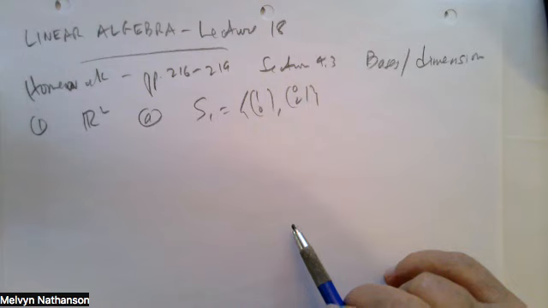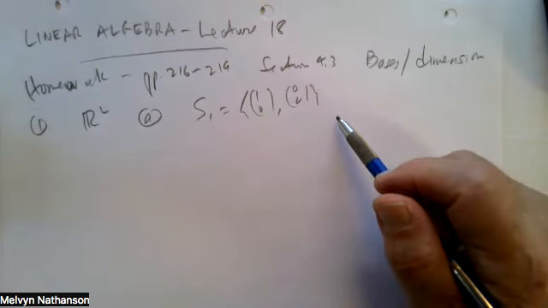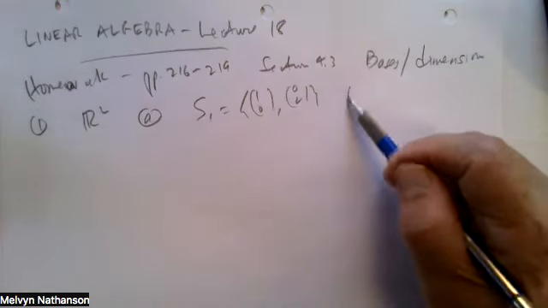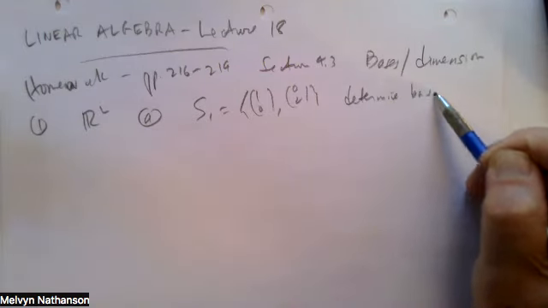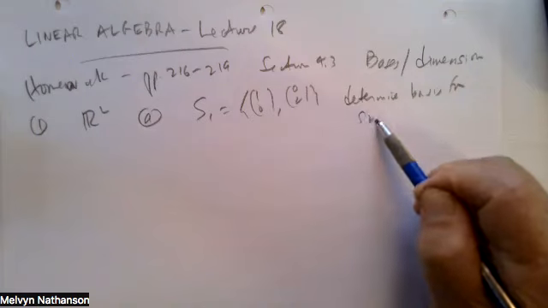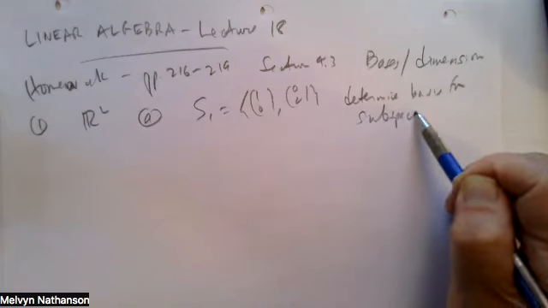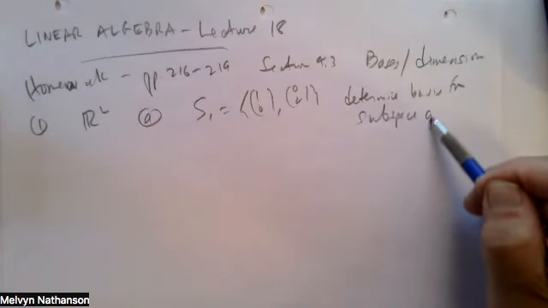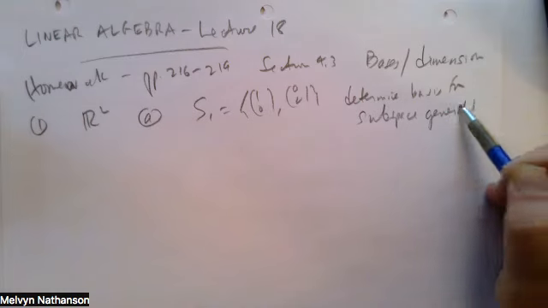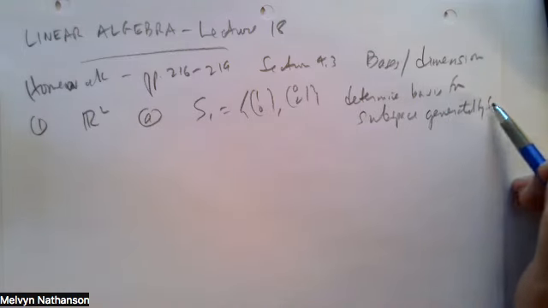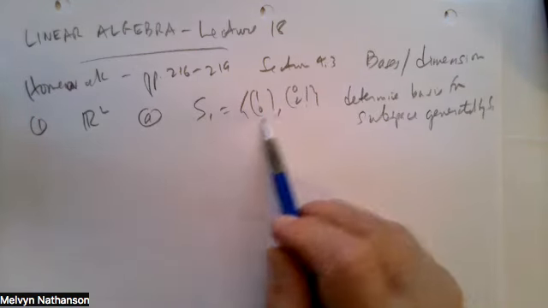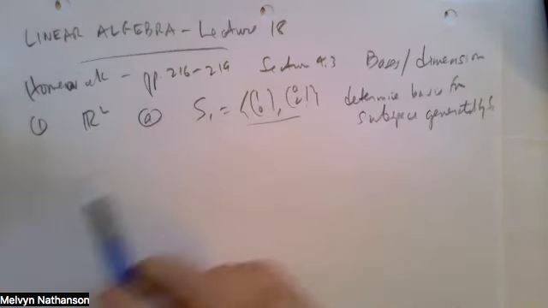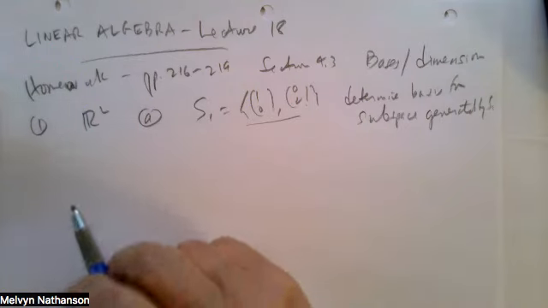The question is to determine a basis for the subspace generated by the set. In this case, it's easy because you can see that these vectors are linearly independent.